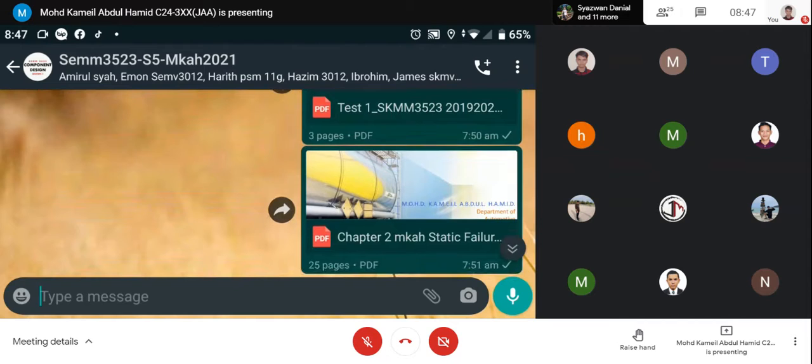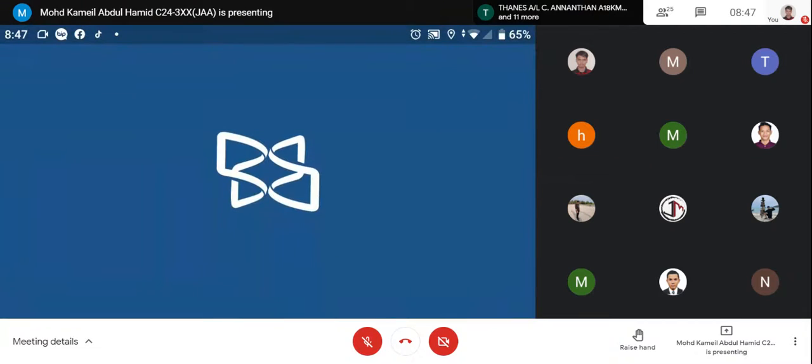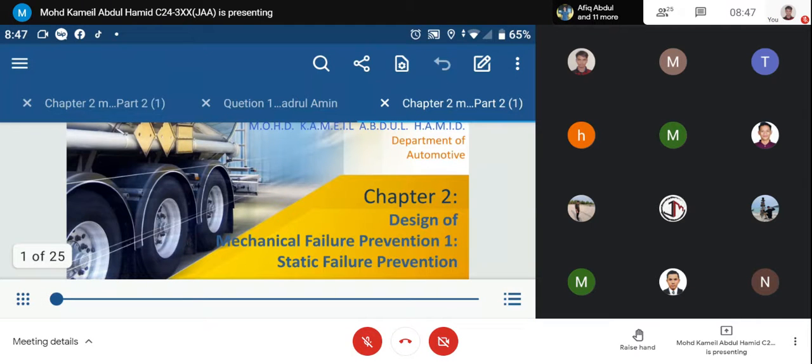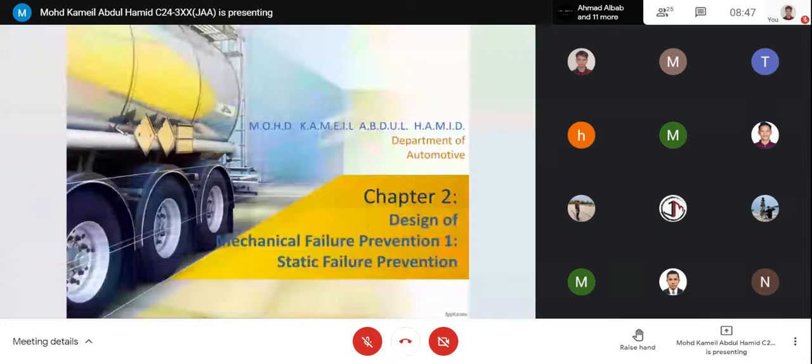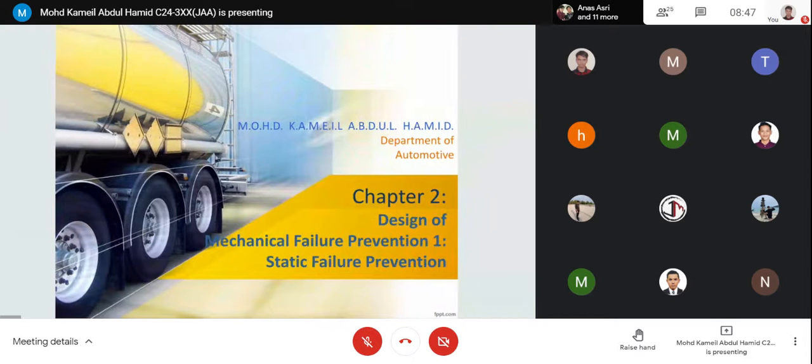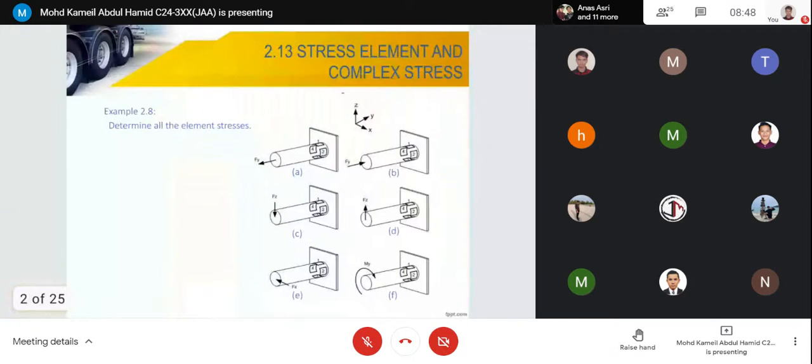Kemudian kita tengok latihan-latihan je. Exercise example so that you can understand. Okay, so tadi on stresses.